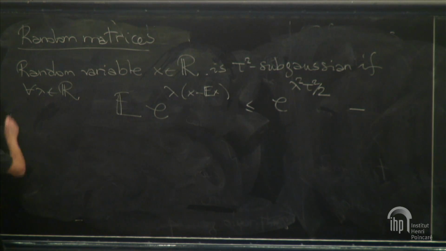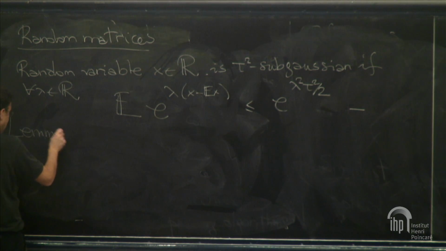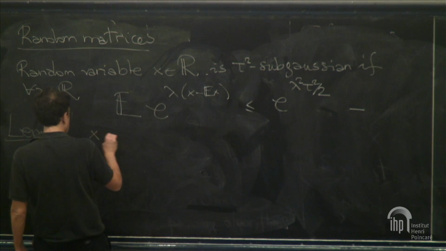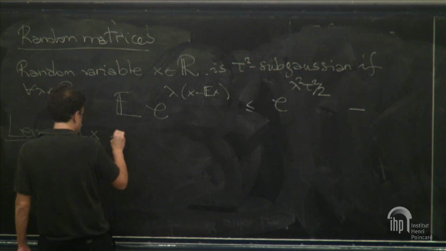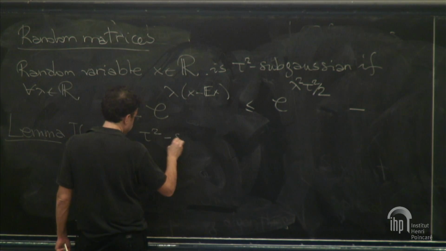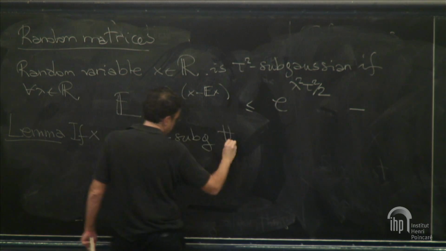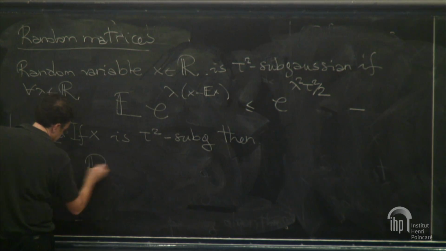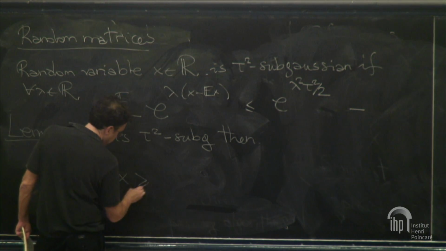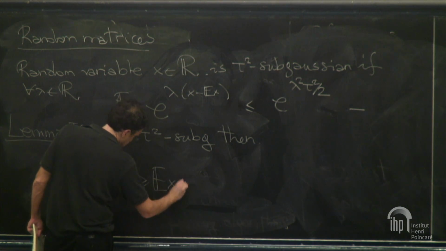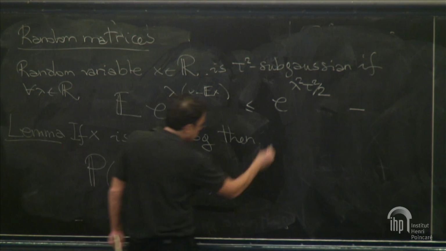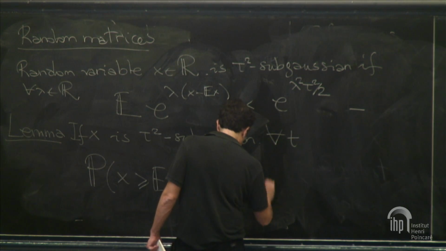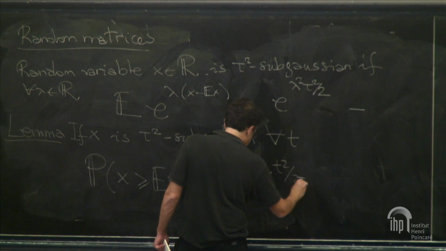Okay? So one way to get that explicitly is to prove a little lemma that says the following. If x is tau square sub-Gaussian, then the probability that x is bigger or equal than its expectation plus an amount t, for any t, is upper bounded by e to the minus t square over 2 tau square.